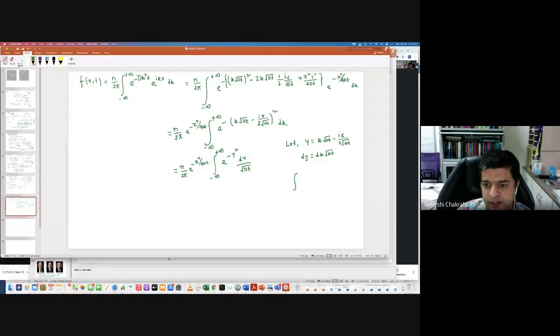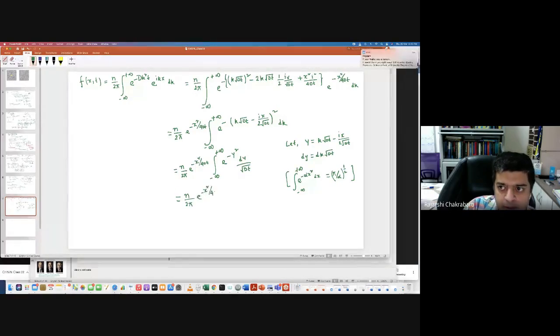Now you remember this expression? This is a standard integral, no? The Gaussian integral. So what I have here is n by twice pi e to the power of minus x square by 4 dt into 1 by root over dt, and this one will give me what?